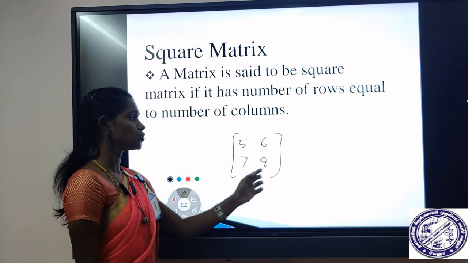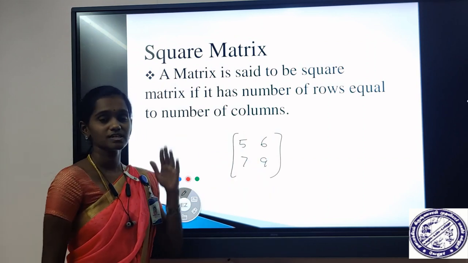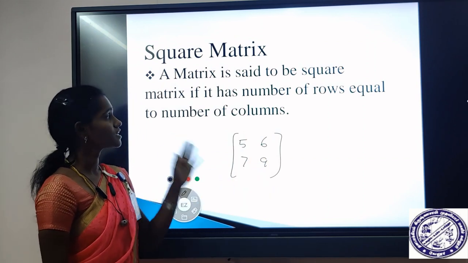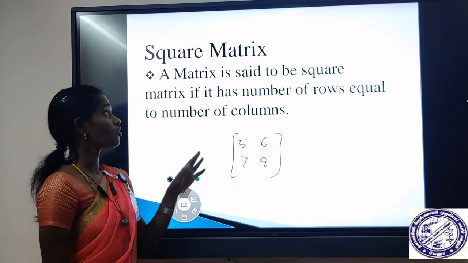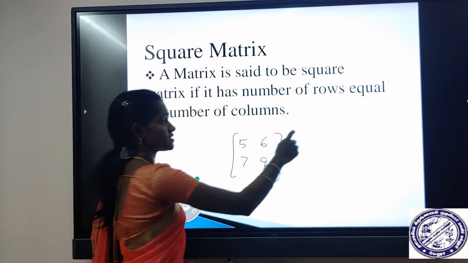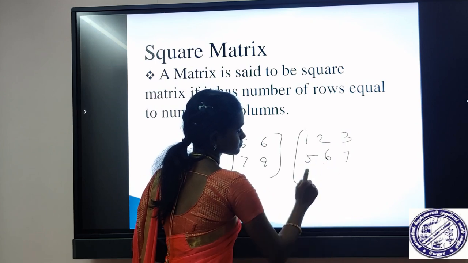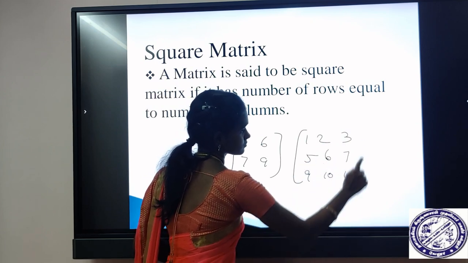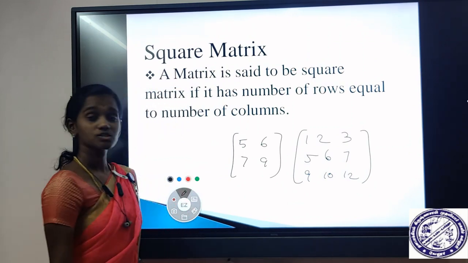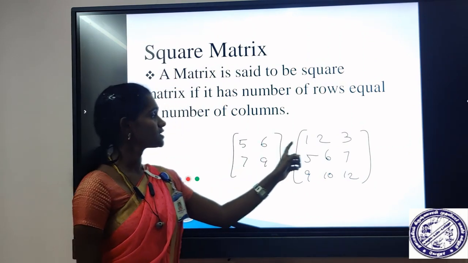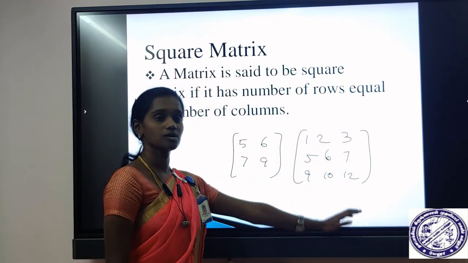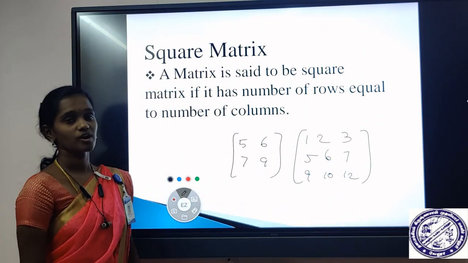It has 2 rows and 2 columns, which means the same number of rows and columns. Another example is this, which also is a square matrix, which means it has 3 rows and 3 columns.